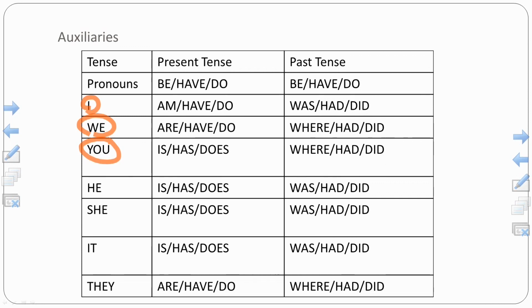But if you convert them into past, it will become I was, I had, and I did. For example, in present we have: we are, we have, we do. But if you convert them, it will become we were, not WHERE, it's WERE. A correction is required. Then we had, we did. So it's WERE.